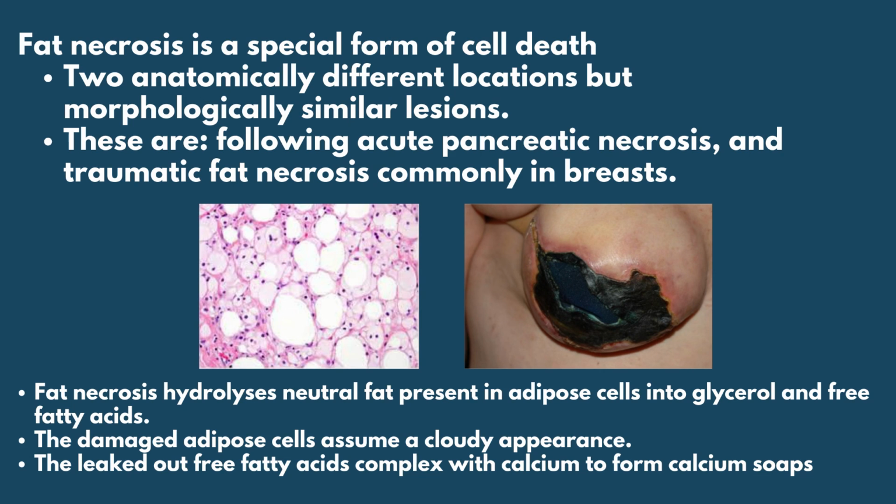But CJ remembered that there were 5 types of necrosis. So he just assumed that Zach had missed out the last one. So CJ started his own research on the last necrosis, which is fat necrosis.